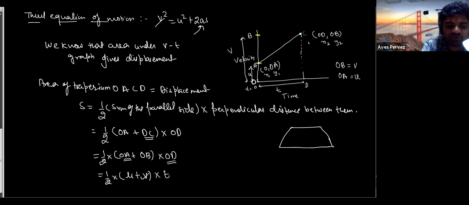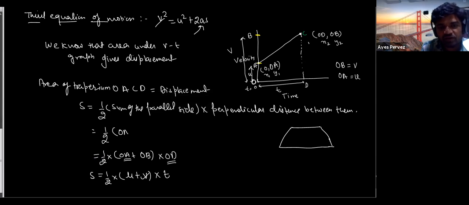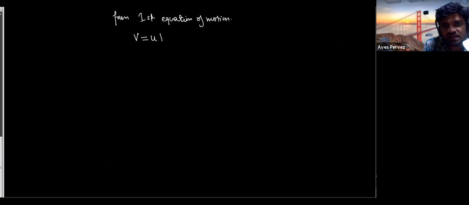From the first equation of motion, we can derive the value of t. So v is equal to u plus at.